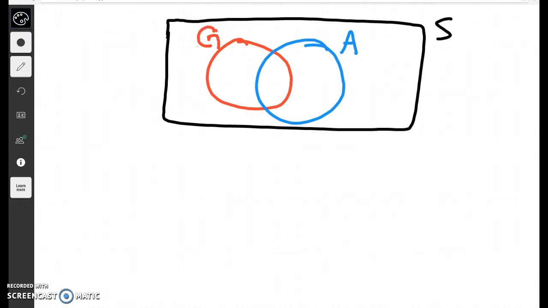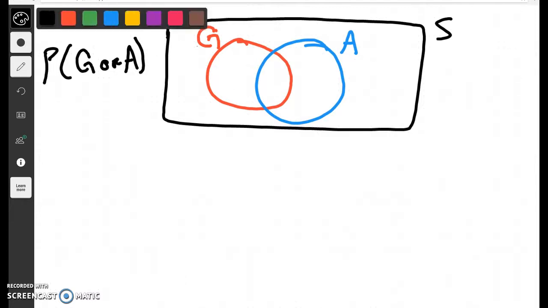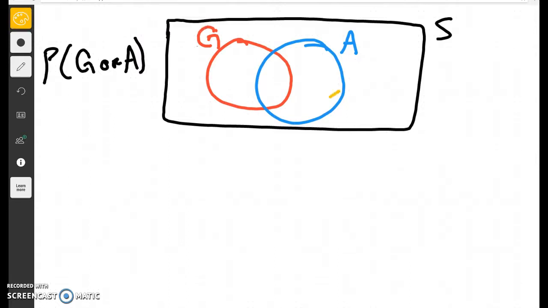So essentially what I want to figure out is the probability of getting girls, G stands for girls, or an A student. If I shade that area in this Venn diagram, the area that would be shaded is everything that's girls, everything that's an A student, and everything that's in both.